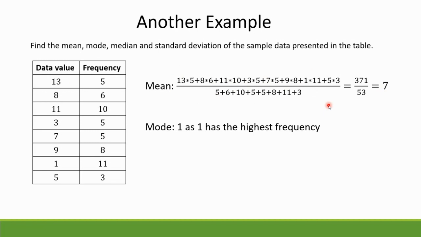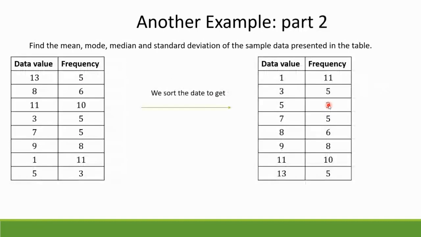Okay, that's good. But how would we get the median? I mean, you could theoretically list all the data out, but personally, I wouldn't want to do that. What's nice is we don't have to. If you remember, you first always want to sort the data values.